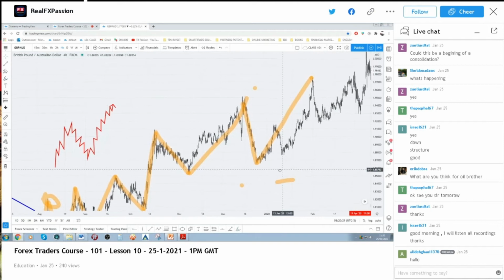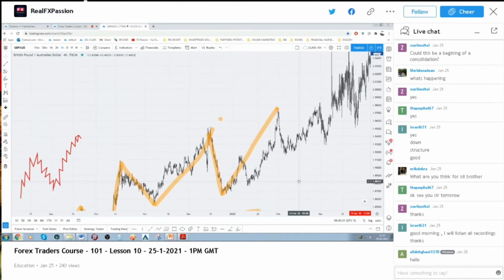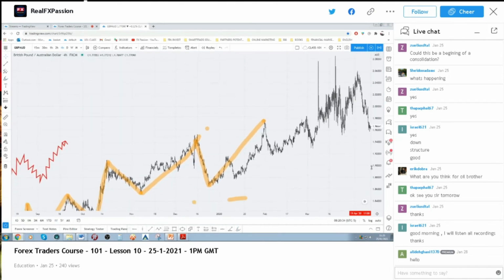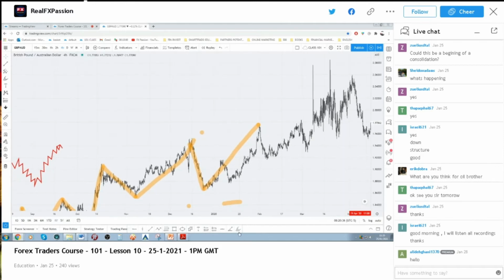Come on, TradingView, we are almost there. And then we had, so it was up like this. This was the extension, and then it was a retracement. And then it was something like this. Can you see, everybody? So higher highs, higher lows, higher highs, higher lows, then lower lows, lower highs, lower lows, lower highs, then higher highs, higher lows.